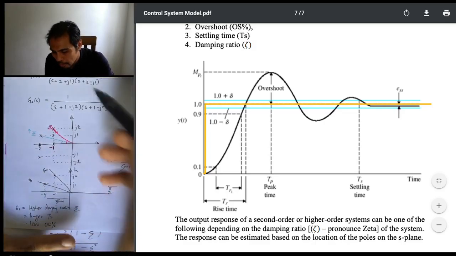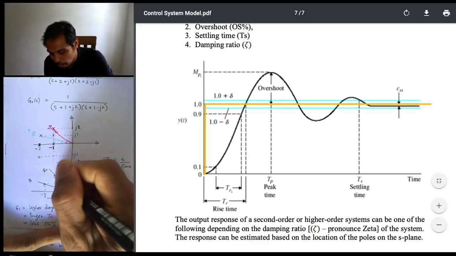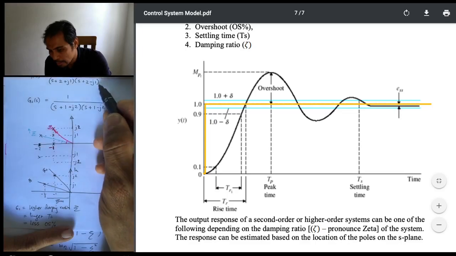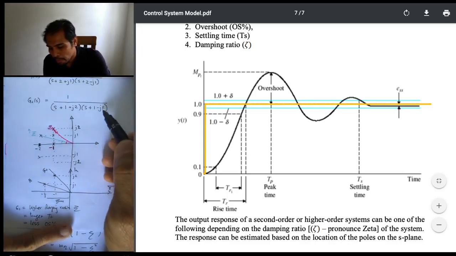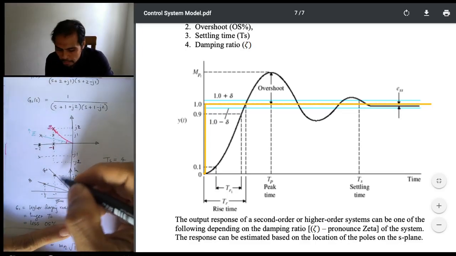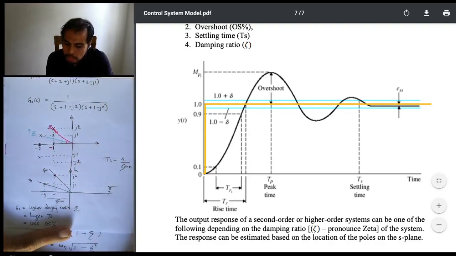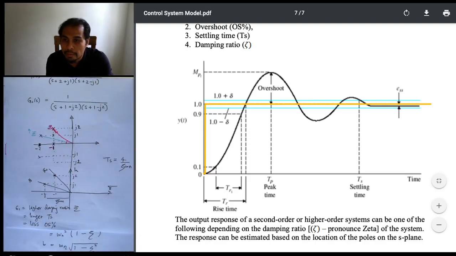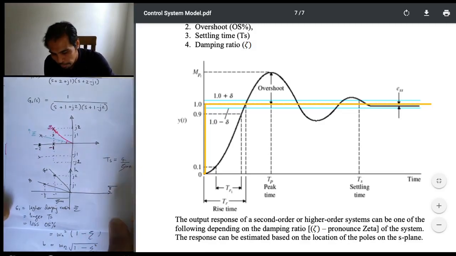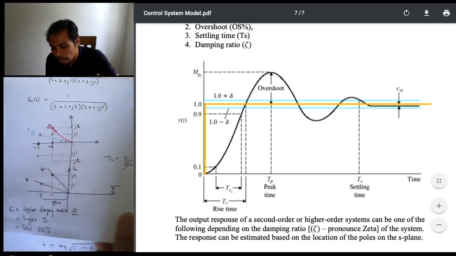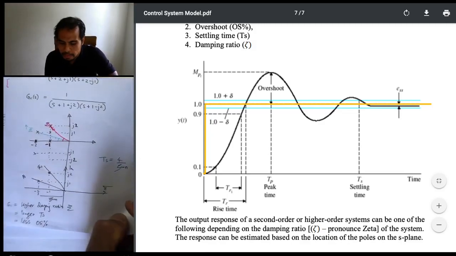So from these two systems, by plotting this and knowing these roots, we can roughly estimate which system is better in terms of performance. We don't have to recalculate again.